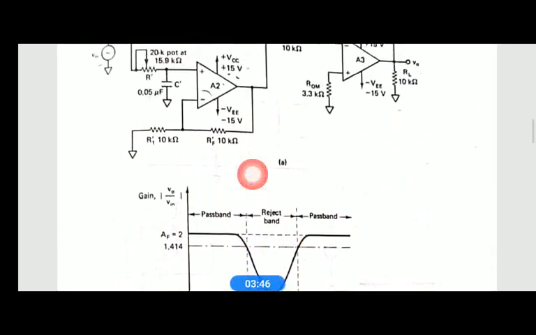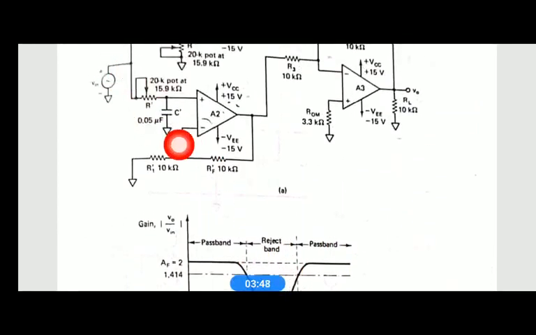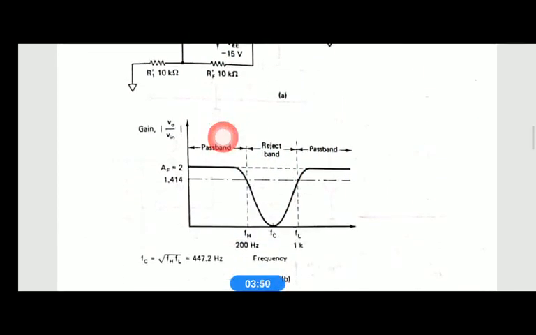Whereas the low pass filter, the same signal which is passed through the low pass filter allows the signal to pass below FH, or we can say it forms the pass band below FH, right?